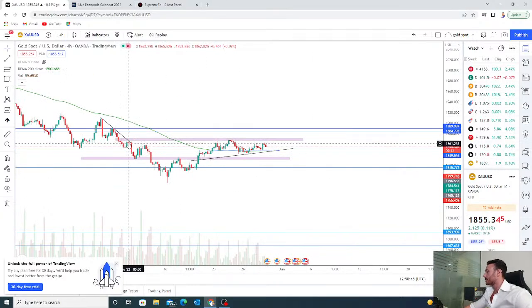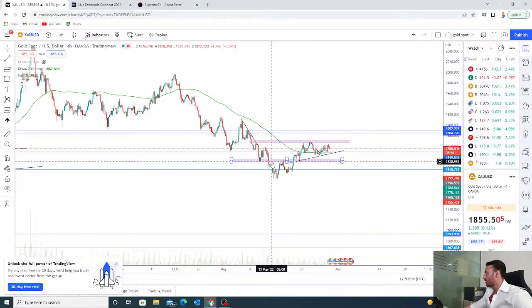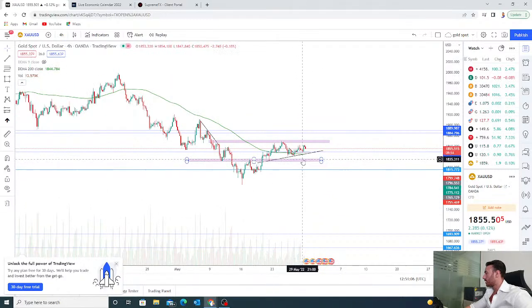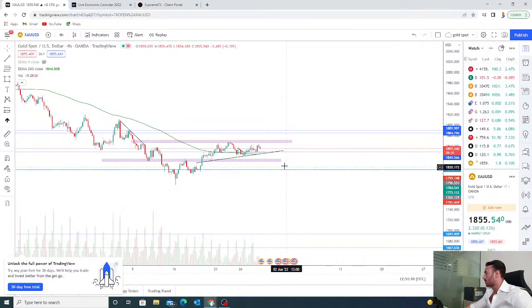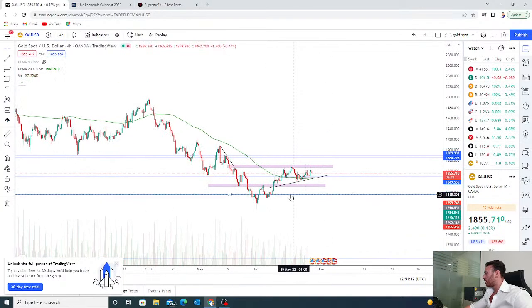You could see the resistance from here down, starting from 66, extended to 72. I would be selling around 72, which is 70 to 75. And I would be buying around 40 to 45.